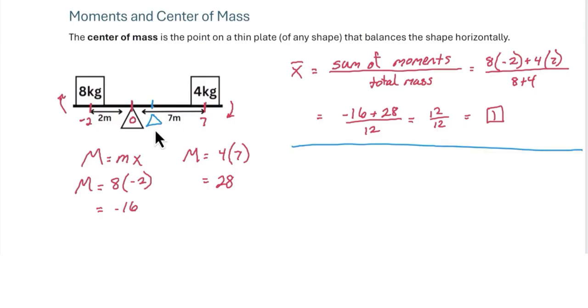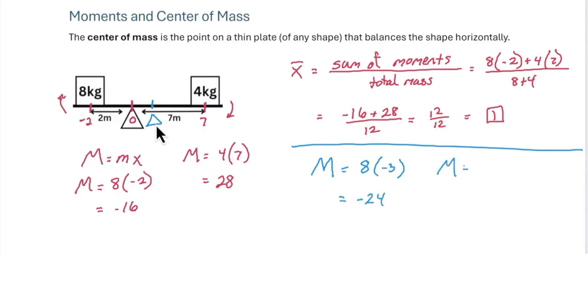We can double check that by recalculating the moments with the new fulcrum. The mass on the left is still 8 kilograms, but its location is now 3 meters away from the fulcrum, so we would think of that as -3. We get -24.